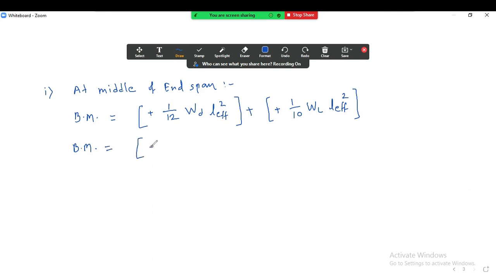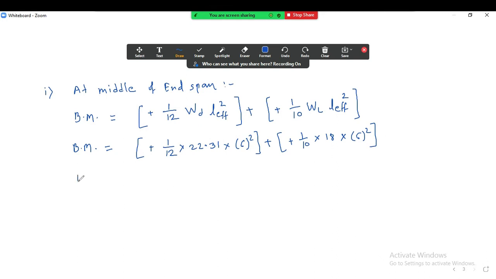So now here it is plus 1 by 12 into our dead load, which is 22.31, and our span is 6 meter, plus 1 by 10 into live load 18 into 6 square.